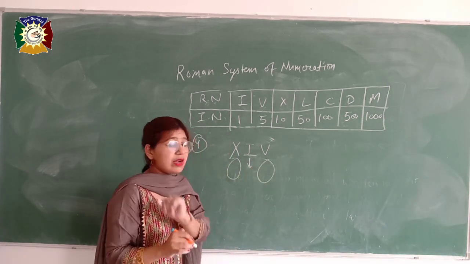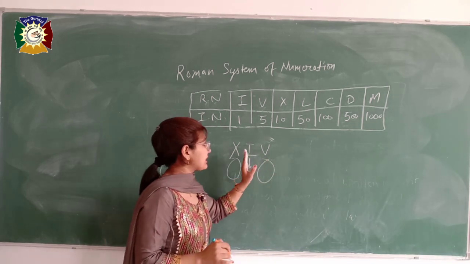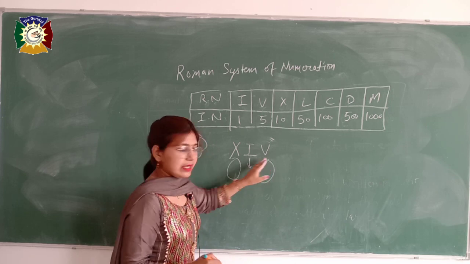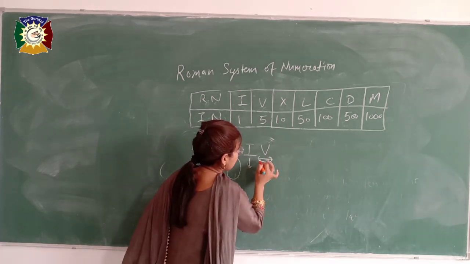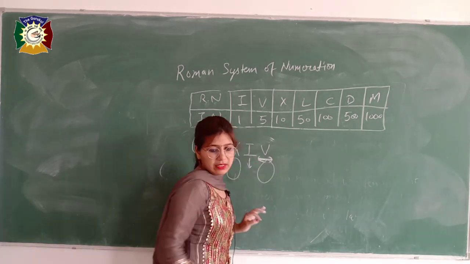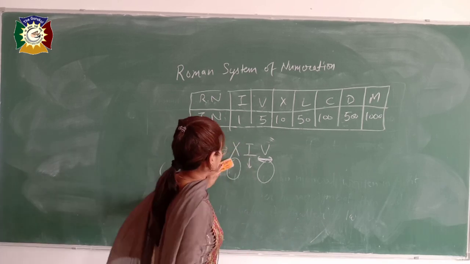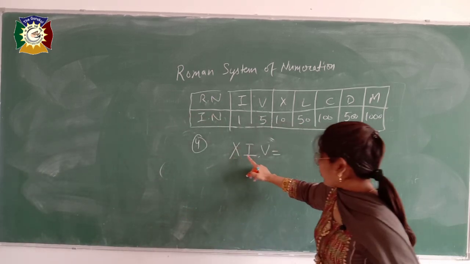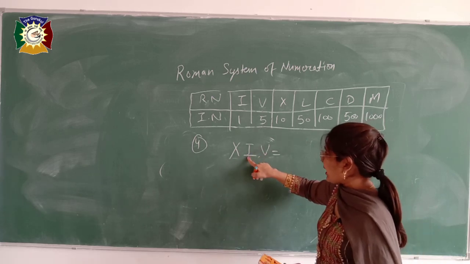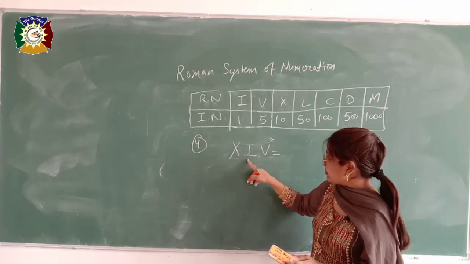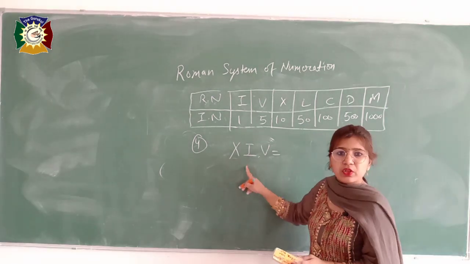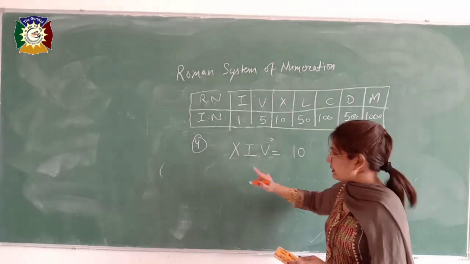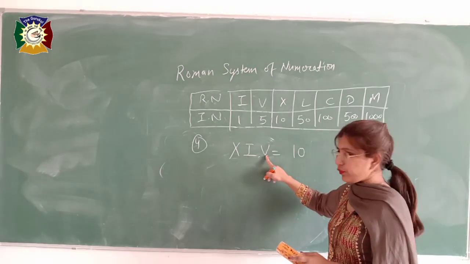For this, what you have to do? You have to subtract the value of this smaller one from the symbol just after it. Like XIV is written here. What you have to do? You have to subtract the value of I from the symbol which is following this I. It means you have to write 10 for X and V for 5.